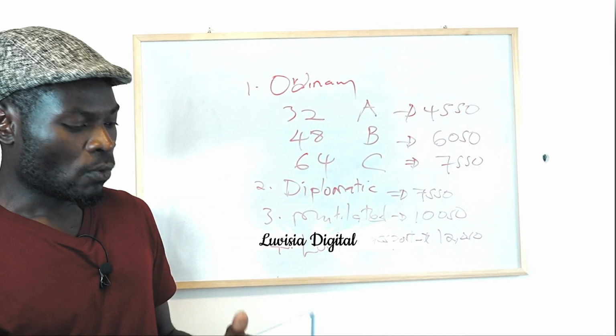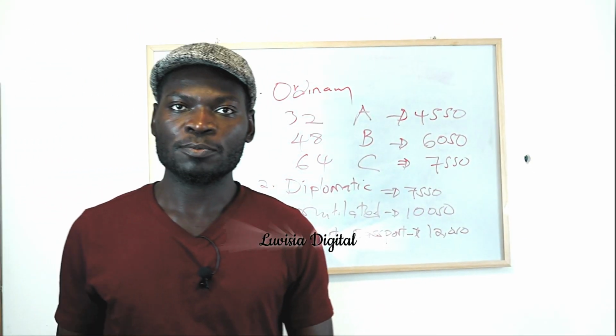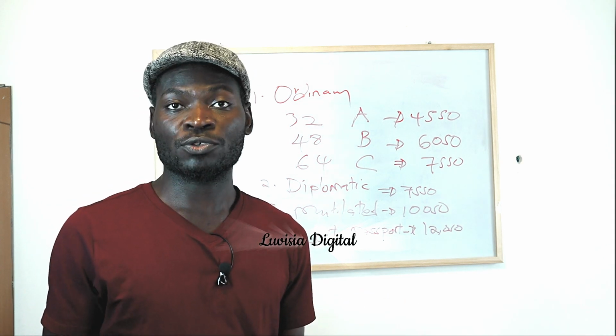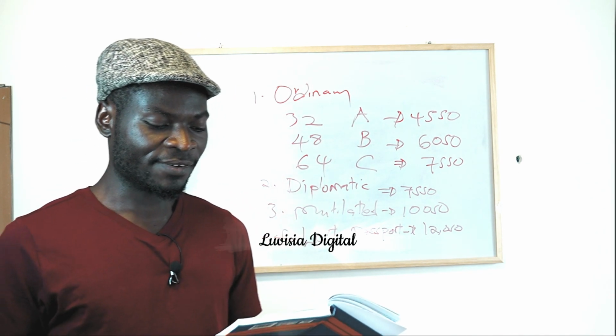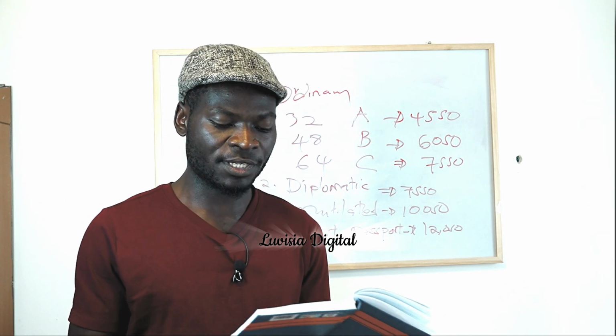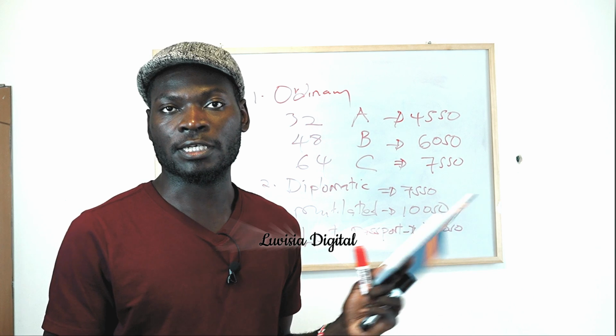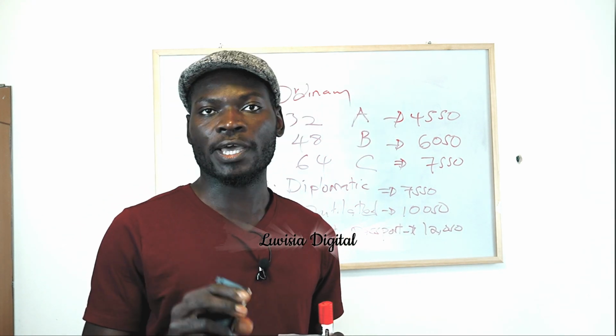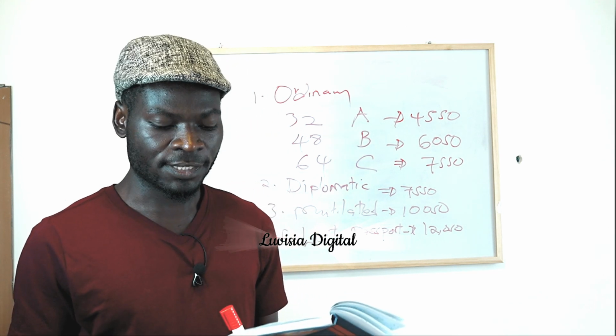Now, once you've decided which category of passport you would like to apply for, you will need to know the documents that are necessary for the passport of your choice. I'm going to give the required documents for each category. If you are 18 and above, you will need your ID and a copy of your ID.